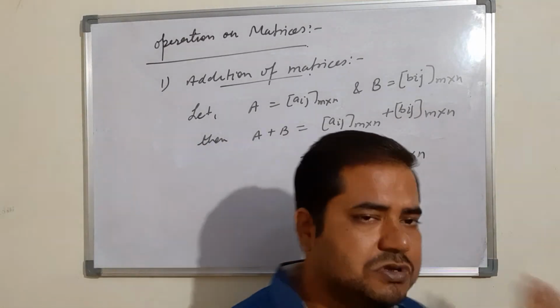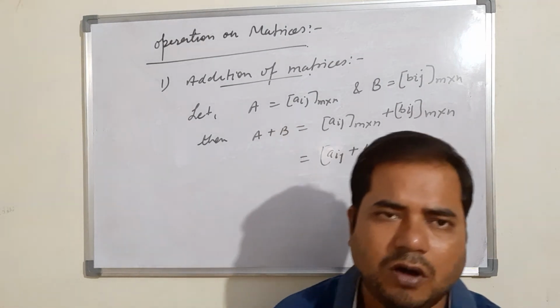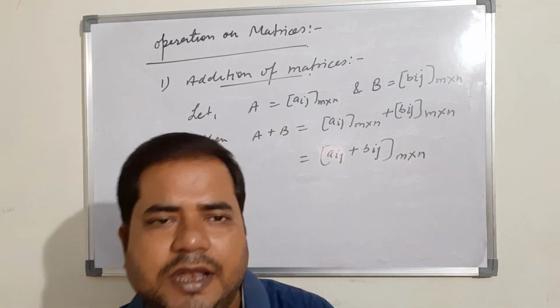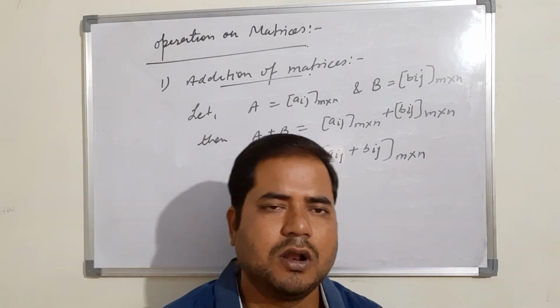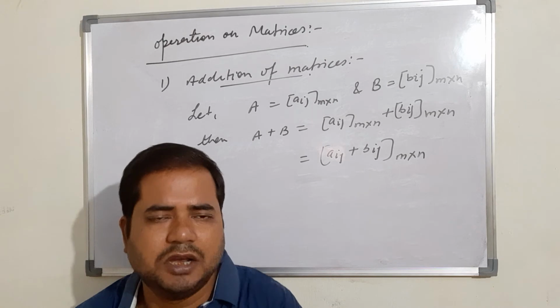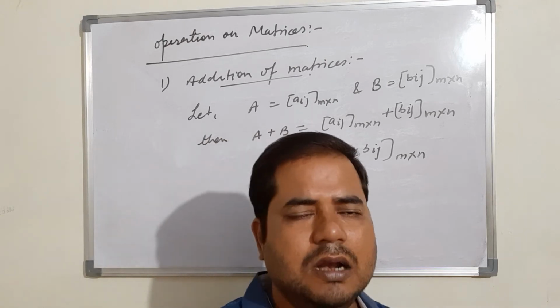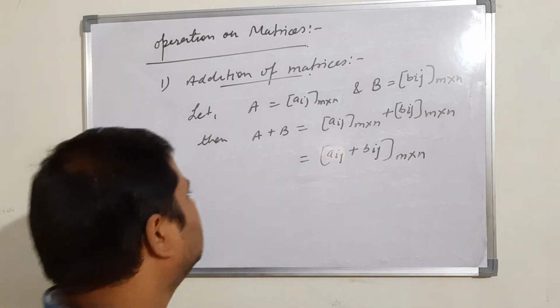In this sum, we need the order of both the matrices to be the same. If the order of both the matrices is not the same, then the sum of matrices is not possible.